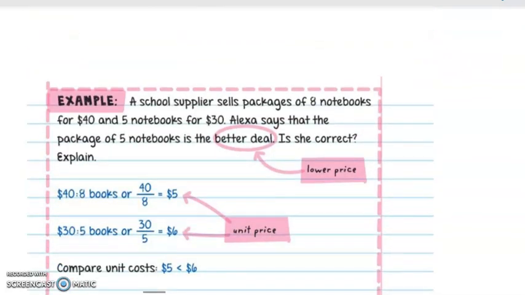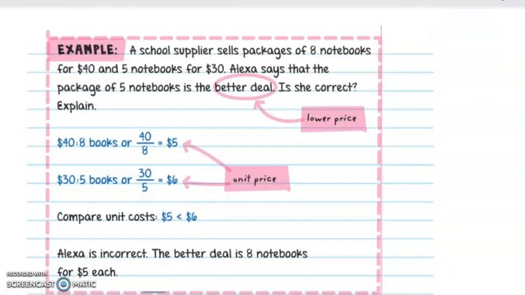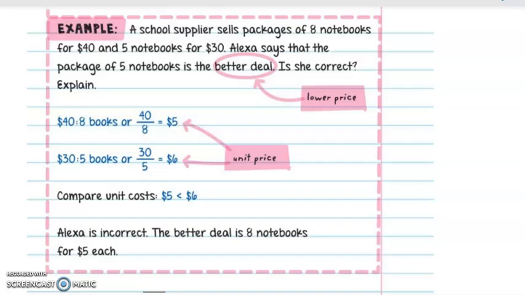Once we get used to the idea of what it's asking us to do, the examples and the practice problems get really pretty simple. Example here, a school supplier sells packages of 8 notebooks for $40 and 5 notebooks for $30. Alexa says that the package of 5 notebooks is the better deal. Is she correct?